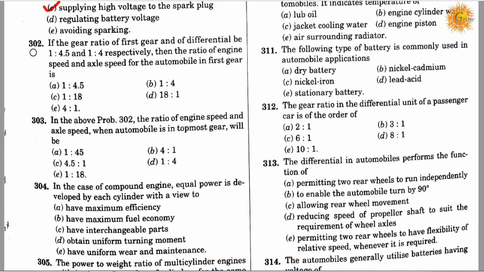Question number 302. If the gear ratios of first gear and of the differential are 1 to 4.5 and 1 to 4 respectively, then the ratio of the engine speed and axle speed for the automobile in first gear is: option A, 1 to 4.5; option B, 1 to 4; option C, 1 to 18; option D, 18 to 1; option E, 4 to 1.